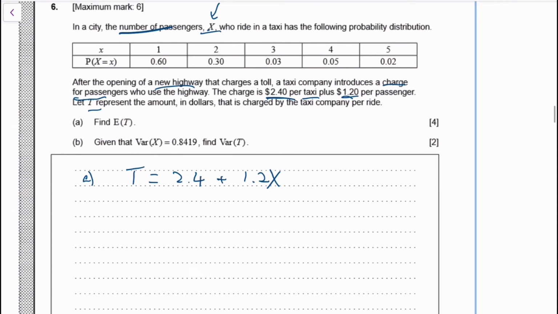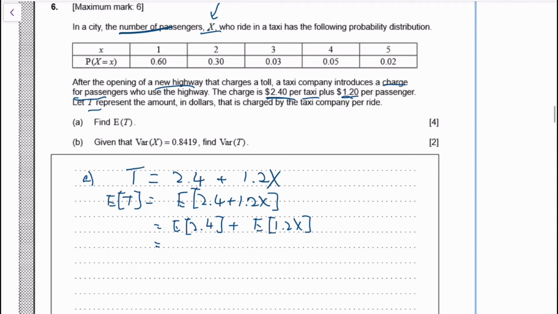If you remember your expectation algebra, the expectation of that will be the same as the expectation of 2.4 plus the expectation of 1.2x. But 2.4 is a constant. The expectation of a constant is just that number. The expectation of 1.2x is the same as 1.2 times the expectation of x. So all we really need to do is find the expectation of x.